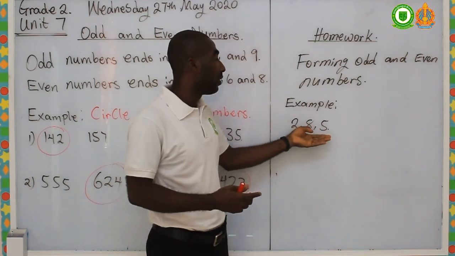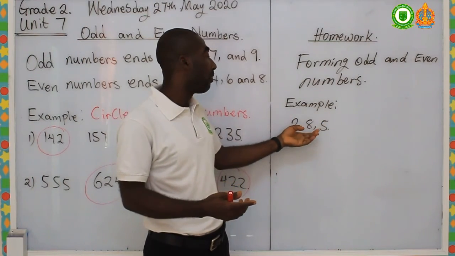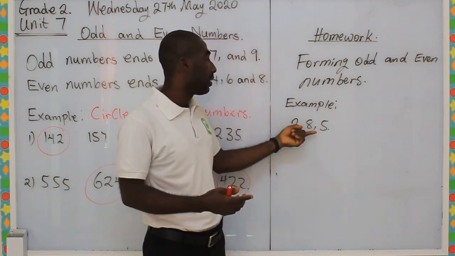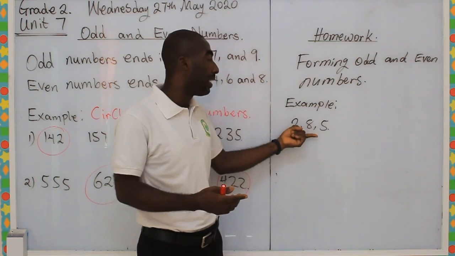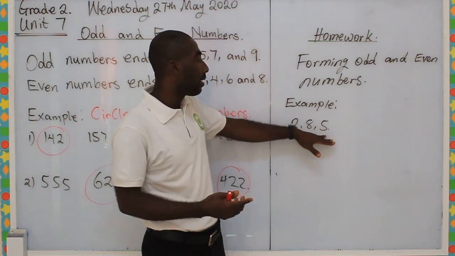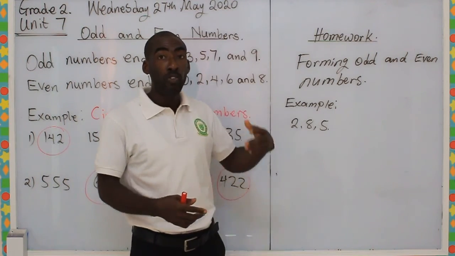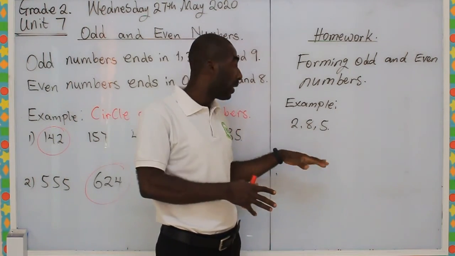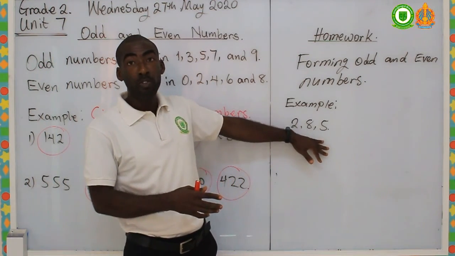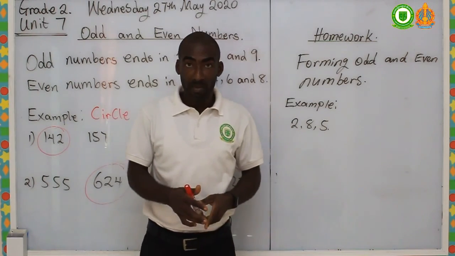The instruction says odd number, which means the biggest possible number that you form with these 3 digits should be an odd number. If the instruction says form an even number, it means that you use these 3 digits to form an even number. So please read your question very well and know what is demanded of you before you go ahead to form your numbers.